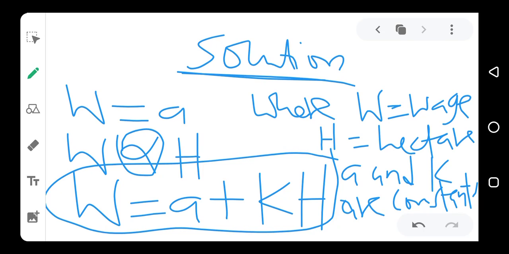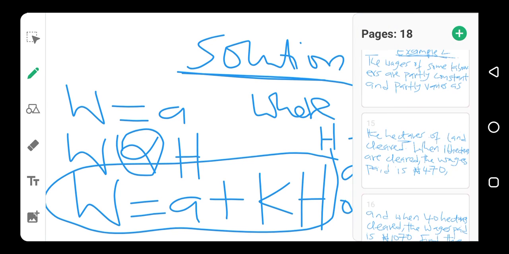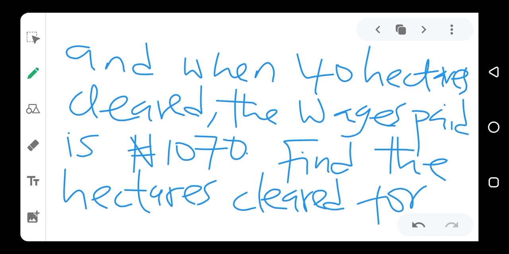So for us to get our equations here, we go back to the question. They say that when 16 hectares are cleared, the wages paid is 470 naira, and when 40 hectares are cleared, the wages paid is 1070 naira.